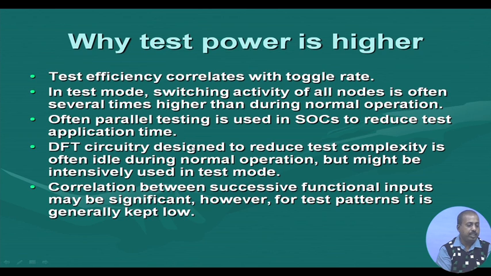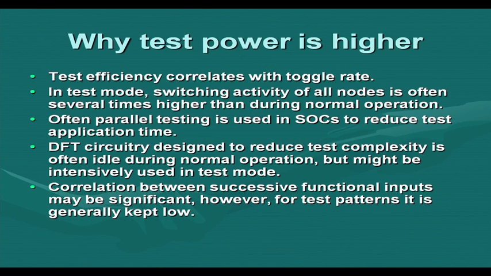Then, the DFT circuitry designed to reduce test complexity is often idle during normal operation, but might be intensively used in test mode. We have already seen the scan chain and all that. They are actually not active when the circuit is operating in the normal mode. There may be some error detection circuitry. Then the BIST requires the test pattern generator and response analyzer to work.